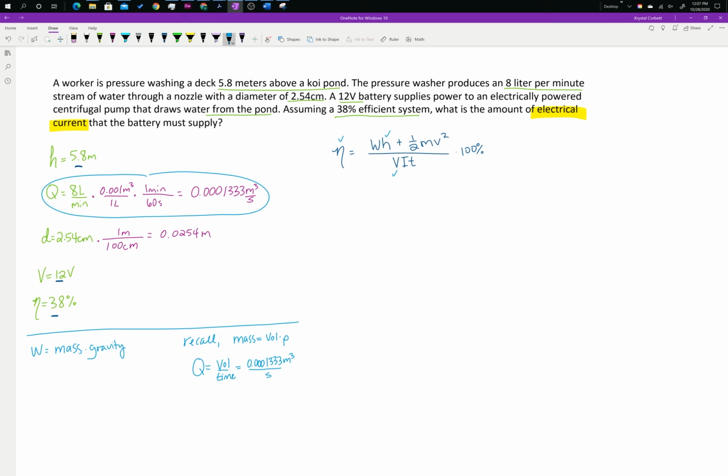So because of this, we're basically saying our time is equal to 1 second and our volume is equal to 0.0001333 meters cubed.